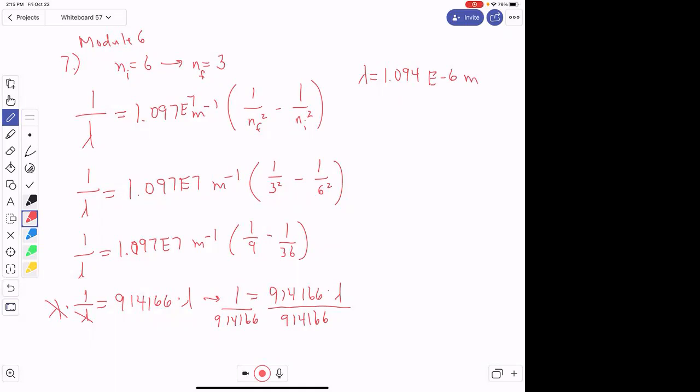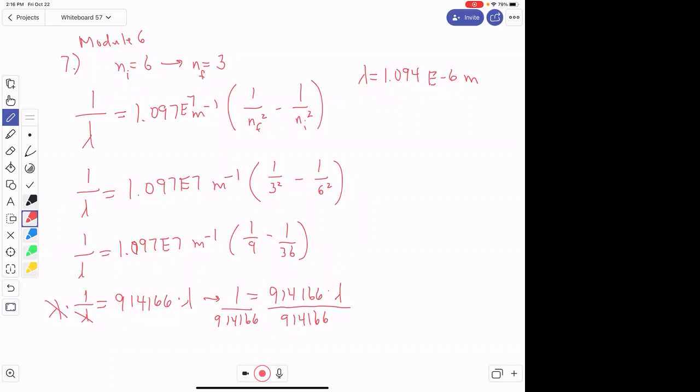Now that I know my wavelength in meters, how would I find the frequency? What relates wavelength and frequency? What's that?